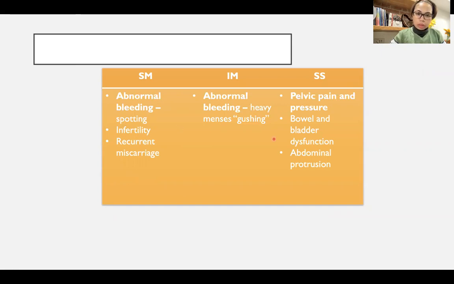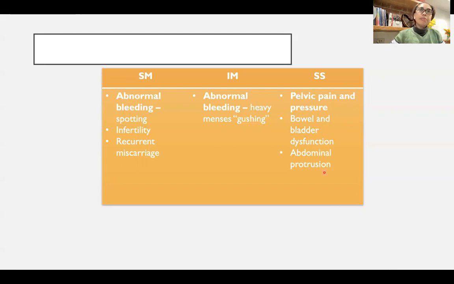Now, if it's intramural, it presents with abnormal bleeding as heavy or gushing menstruation. While the subserosal does not usually present with heavy bleeding. In fact, it's usually asymptomatic even when it's quite large, unless it is located anteriorly, and so it presents with bladder dysfunction or pressure in the anterior abdomen, or there are issues in bowel function if it's more at the posterior.